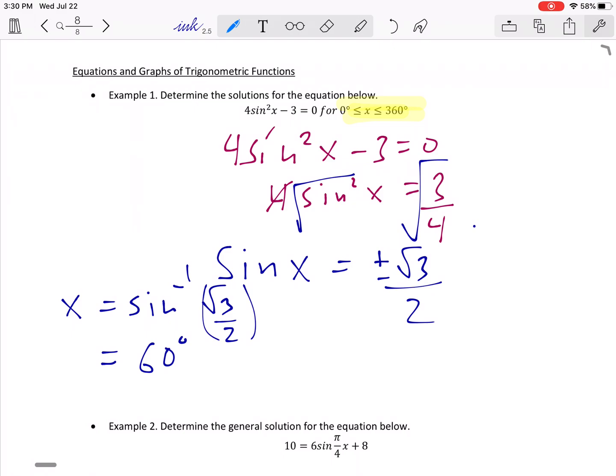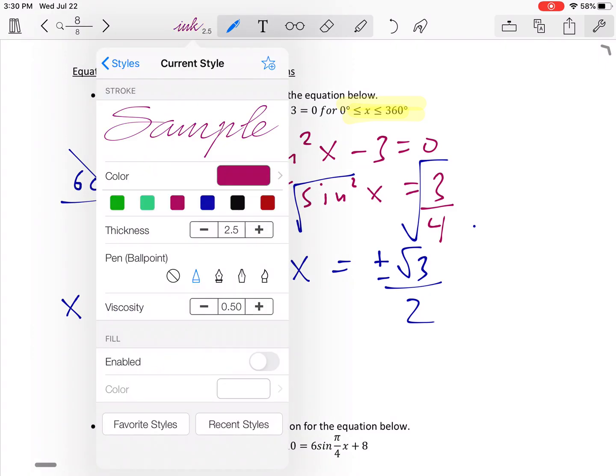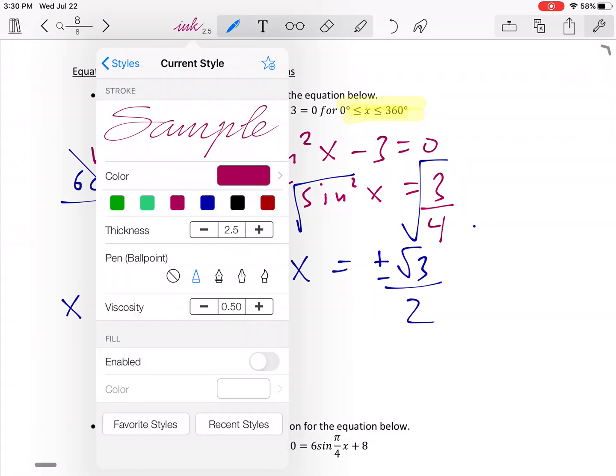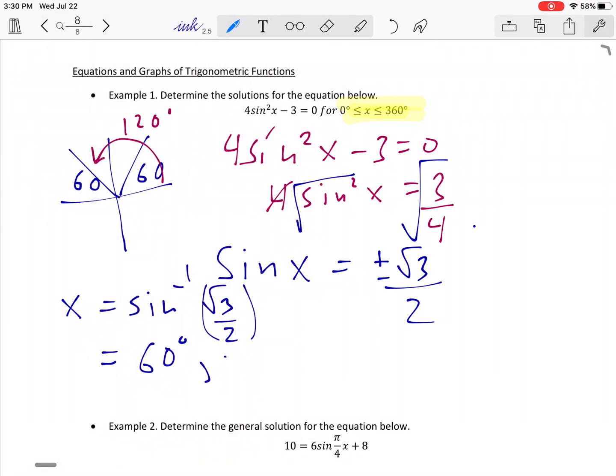Because this is positive, there are two potential answers here. Going back to the graph we looked at in the last unit, this is an angle of 60 degrees. This is also an angle of 60 degrees, and so this angle here is going to be 120 degrees. So you have two answers: 60 and 120 degrees.